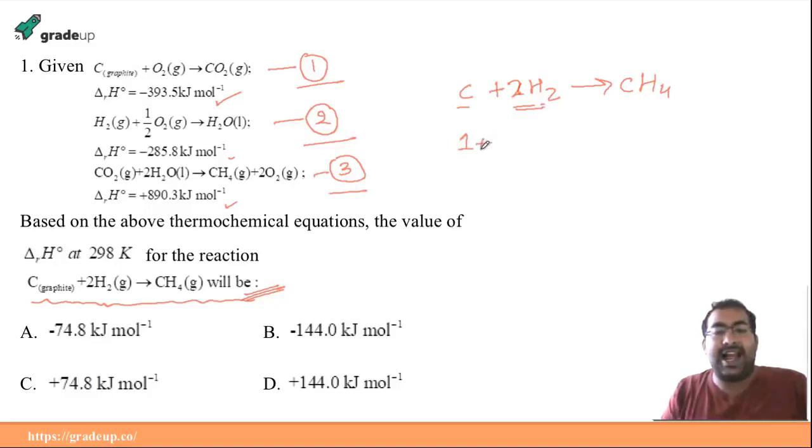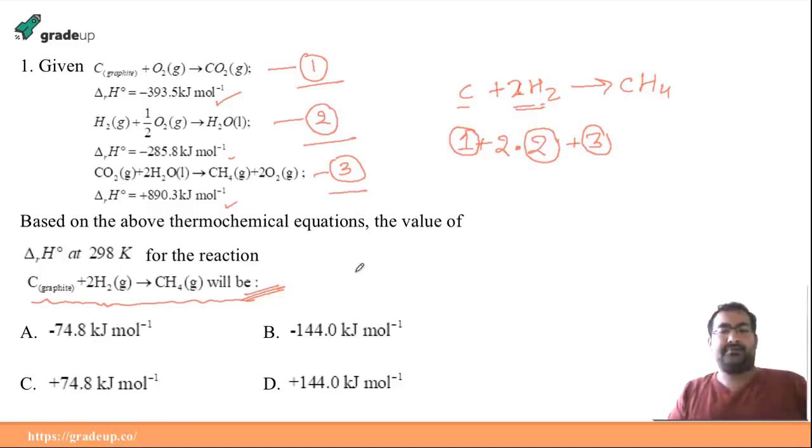So let's add the second reaction 2 times, and then let's add the third reaction and see where we get.